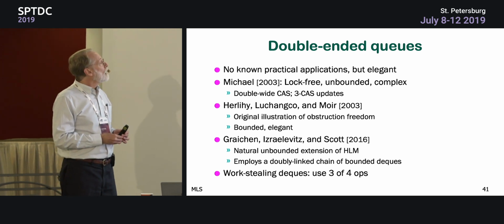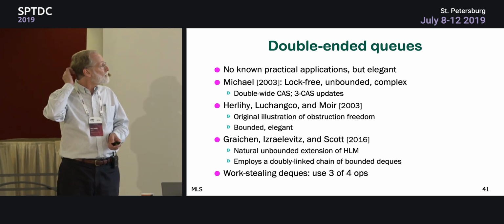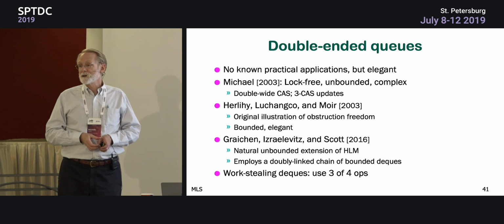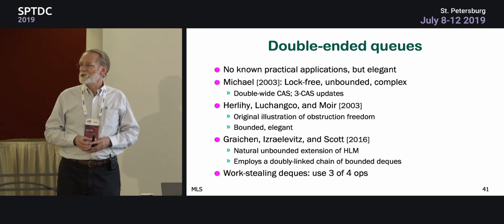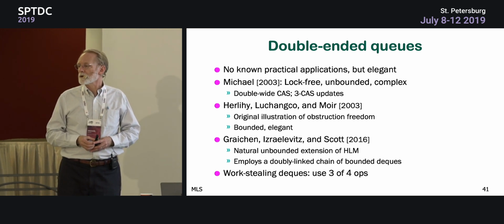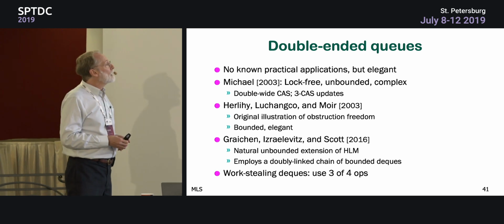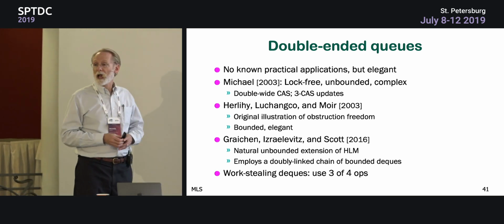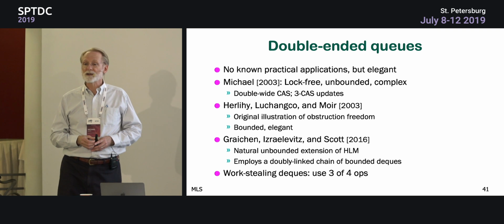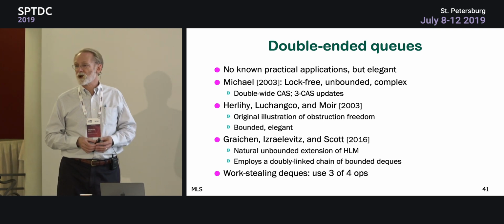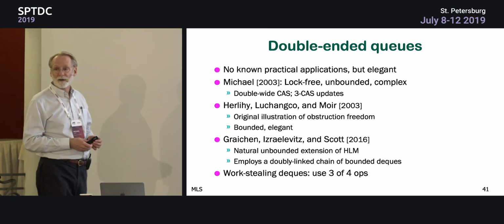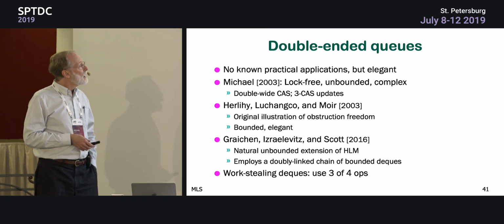And then a group at Sun Labs realized that there was another interesting definition of non-blocking that was weaker than lock-free, and they used the double-ended queue as a motivating example for that. So the paper that introduced the notion of obstruction freedom does it in the context of this algorithm that I'll describe to you in a minute.